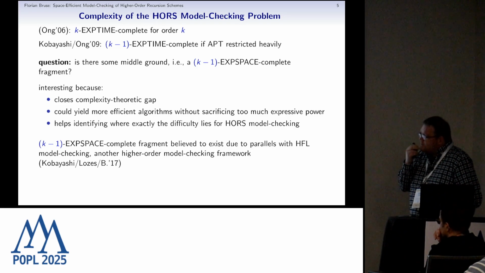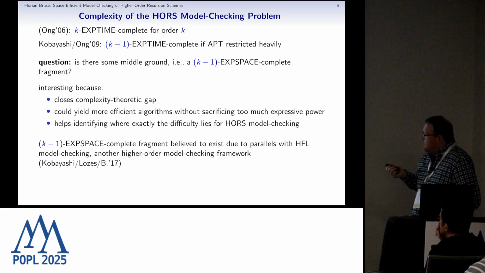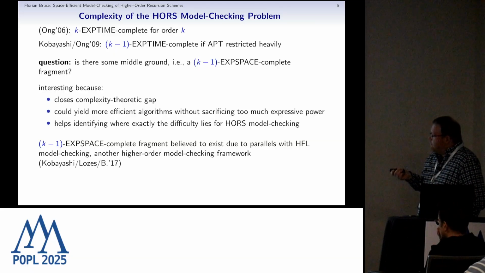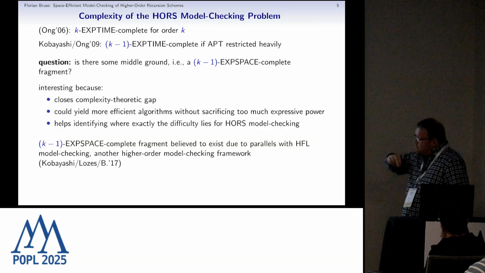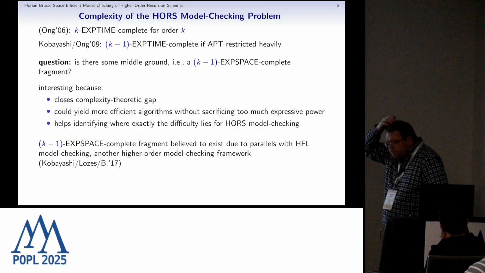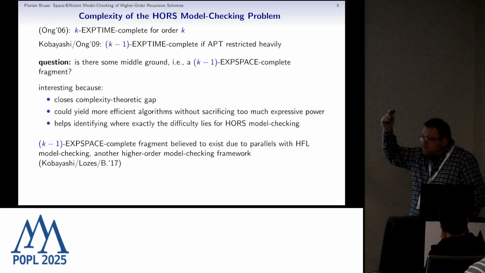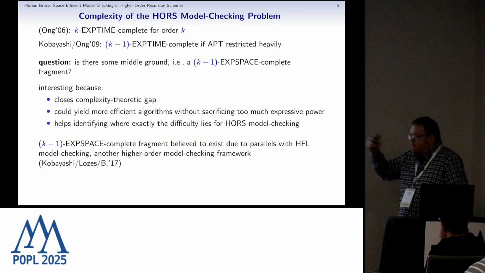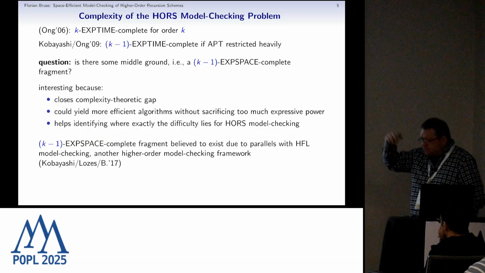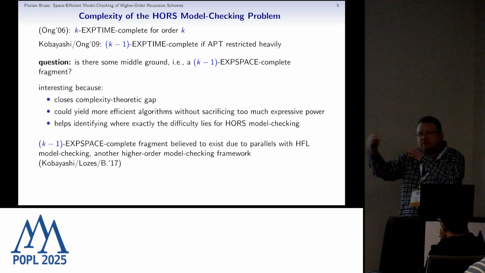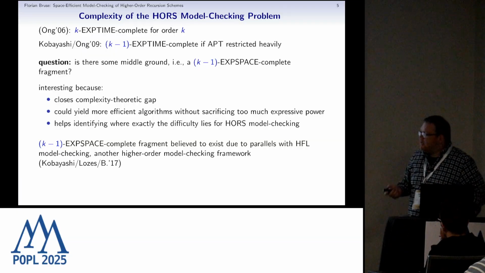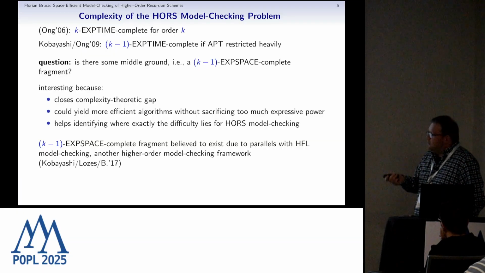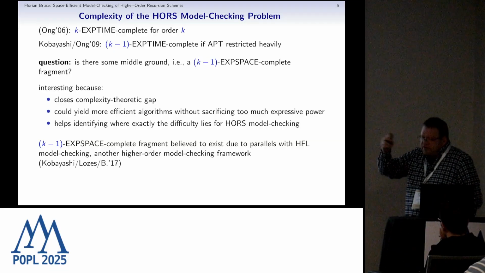One would suspect that such a fragment actually exists because there is a connection of this framework of verifying higher order programs to another framework. It's called HFL. This is basically where you shift the higher order things from the system side to the specification side. And there, the complexity theoretical ladder is complete.